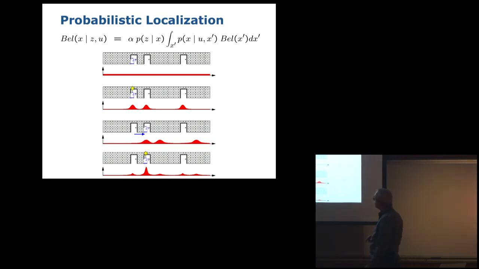So what we do now is we multiply our prior with our observation likelihood model and normalize it using this constant that I named alpha in this term. And what we end up having is a distribution like this over here. So the belief does not look any different than the observation likelihood model apart from a constant factor.